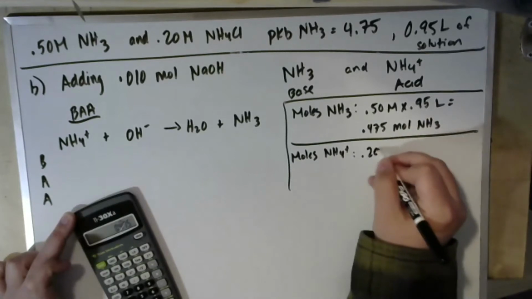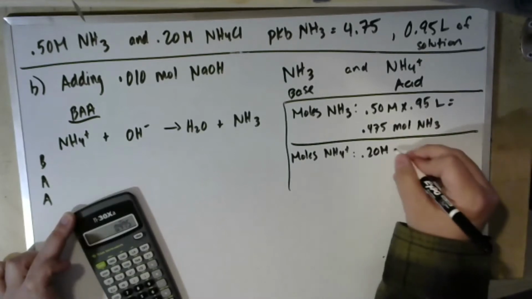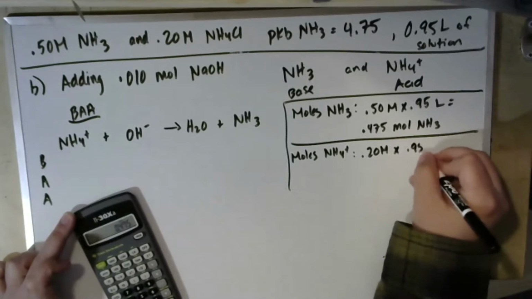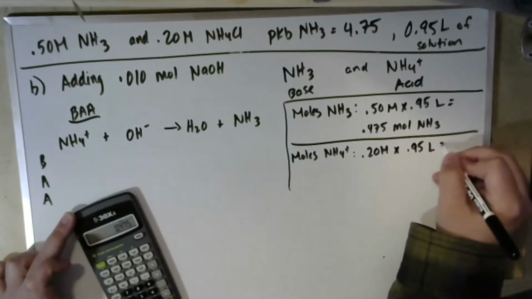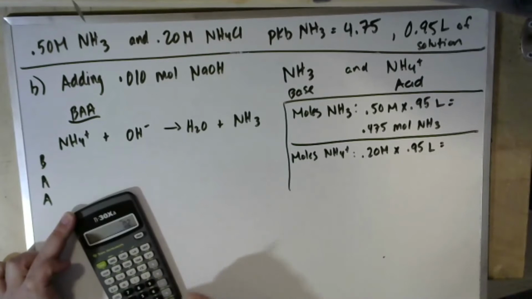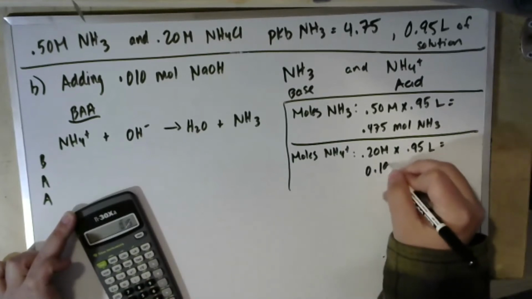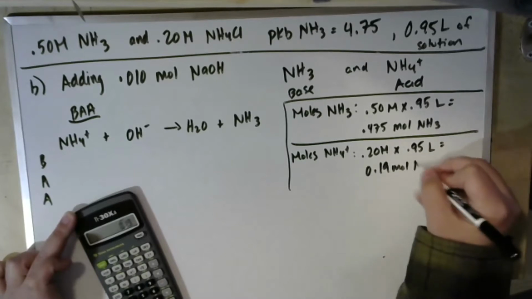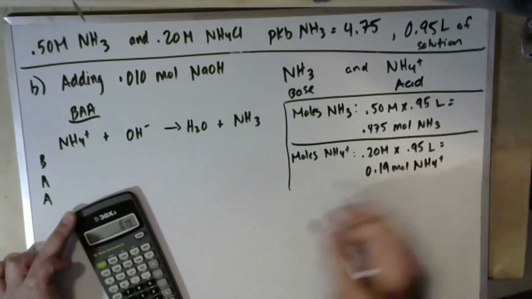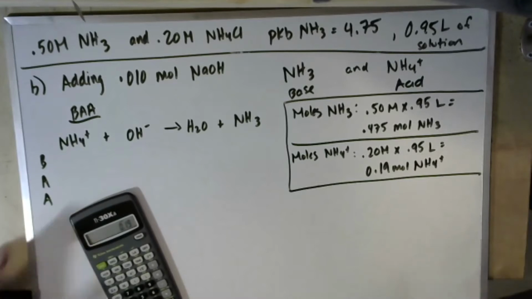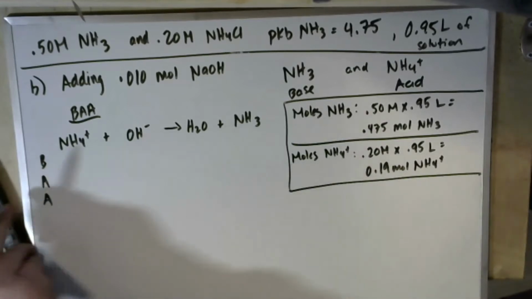We have 0.2 molar NH4 plus. We'll multiply that by 0.95 liters. We have 0.19 moles of NH4 plus. All right, now we have our info for our table.